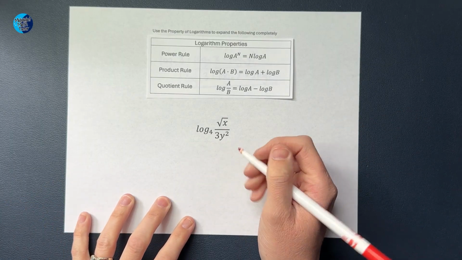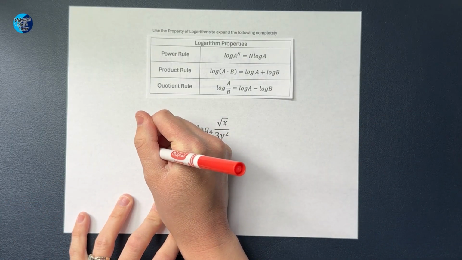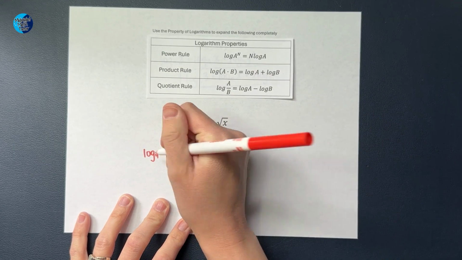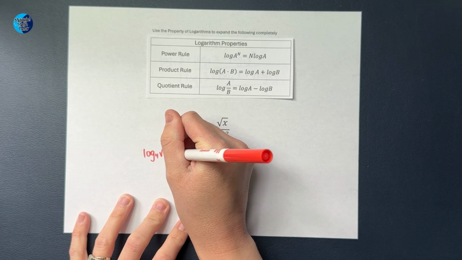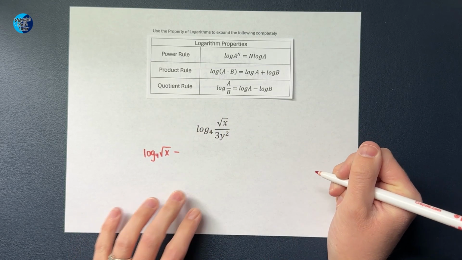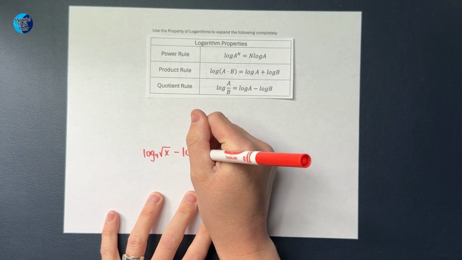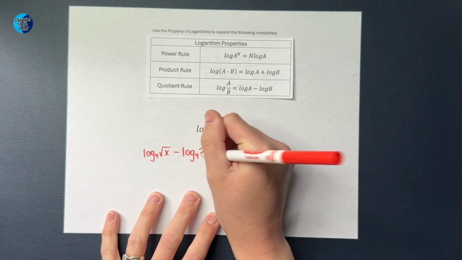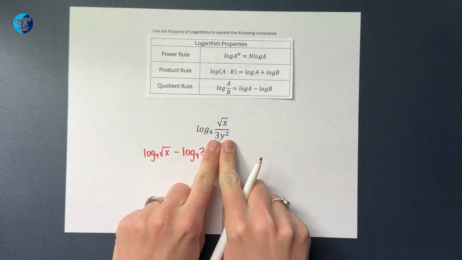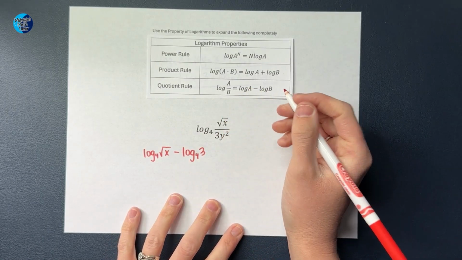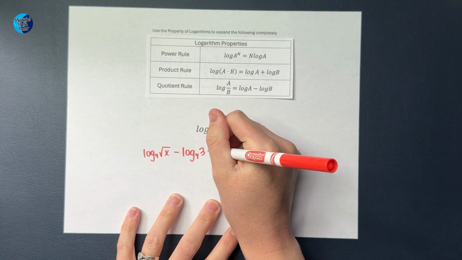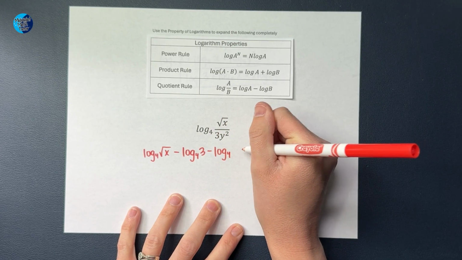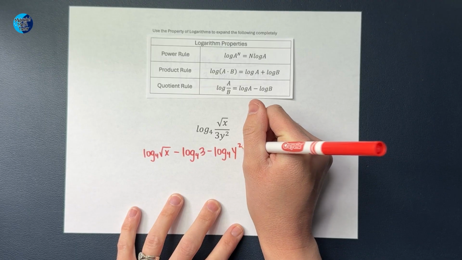So I am going to rewrite this as log base 4 of the square root of x minus log base 4 of 3. I'm going to pull these apart. And since it's on the bottom, it's going to be minus log base 4 of y squared.